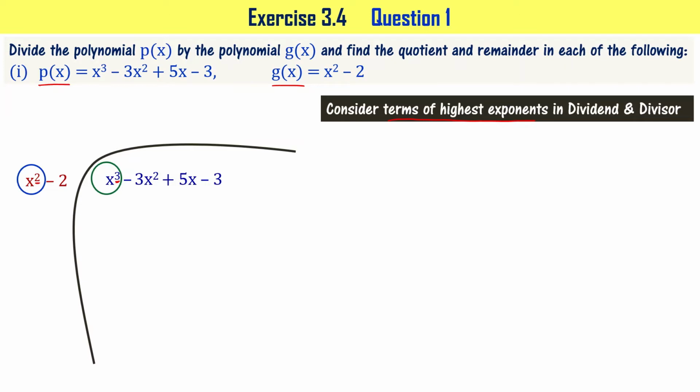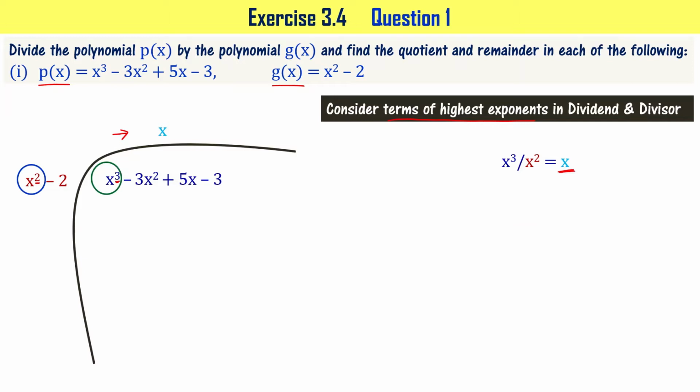The next step is to divide x cube by x square such that we get x as the answer. That has to be written as part of the quotient in this place. We have written x here.